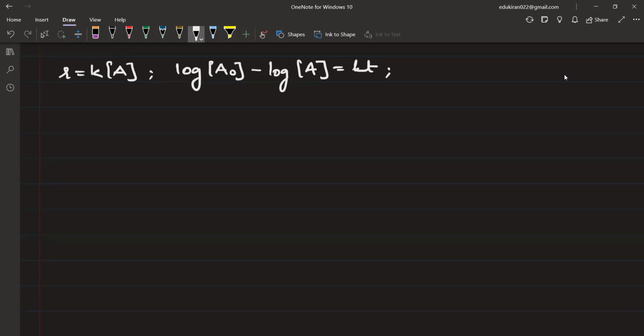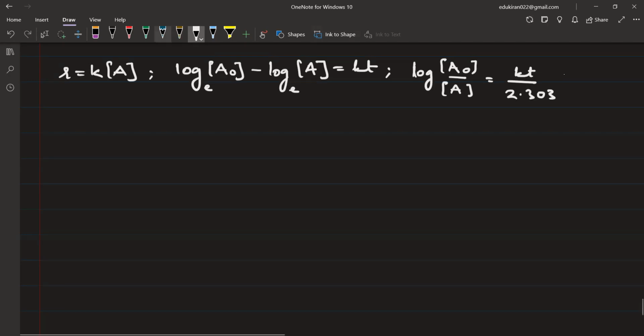Then the last thing that you have to remember is log of A naught upon A is equal to KT upon 2.303. So these are the equations that you remember. Now write a question.